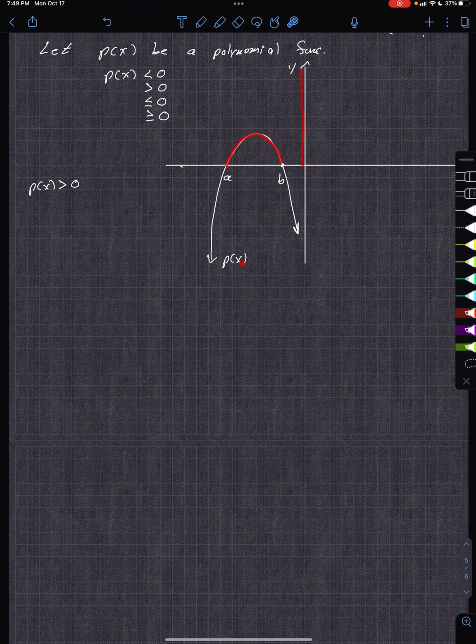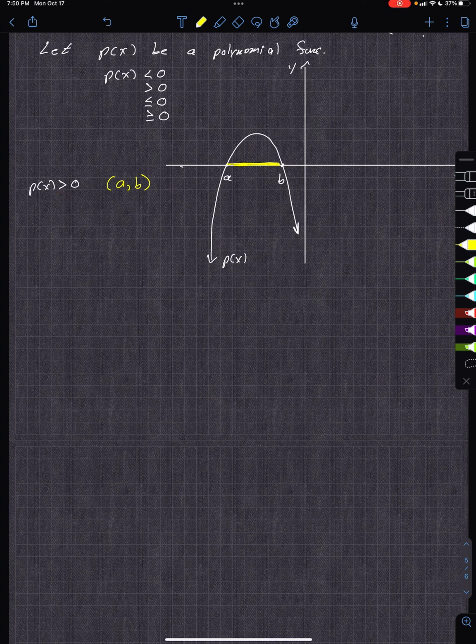Remember, p of x is y. So which values are above the x-axis? It's everything between what and what? It would be everything here. So your solution in this case would be a to b. Why do I not include a and b? Because it's just strict inequality.